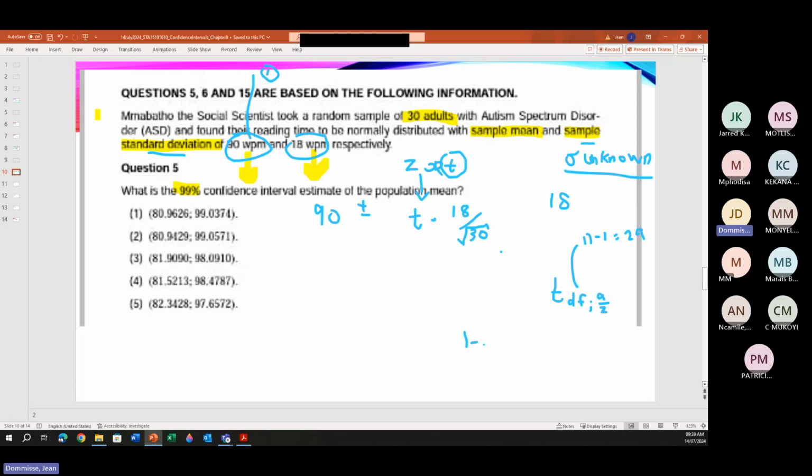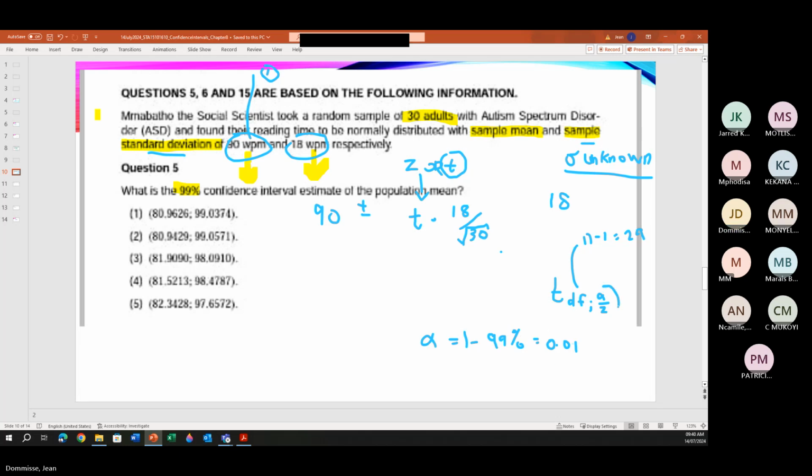So to work out alpha is 1 minus 99%, which is 0,01. So that is the alpha. If it was 95%, it would have been 1 minus 95%, which would have given us 0,05.